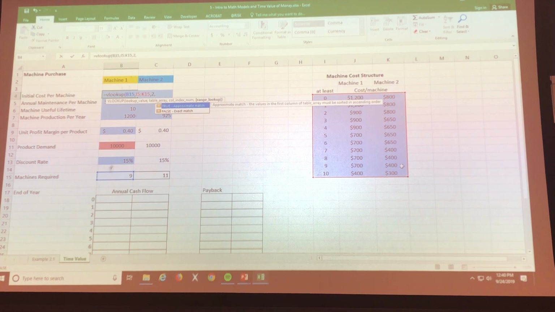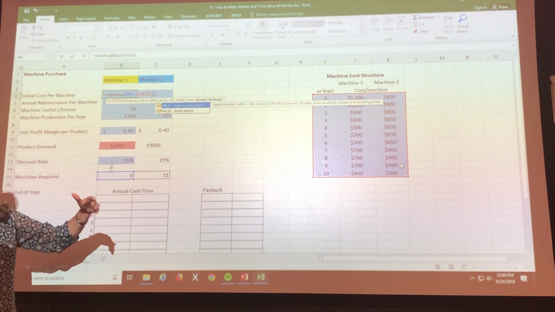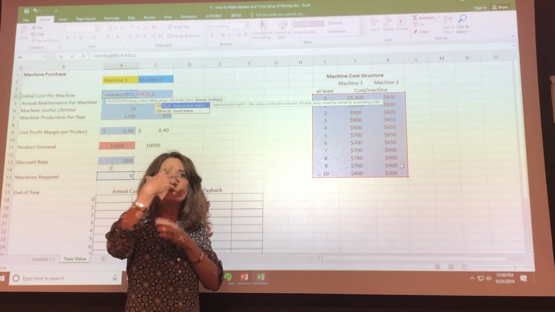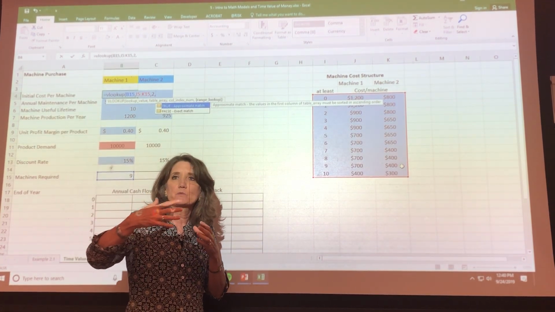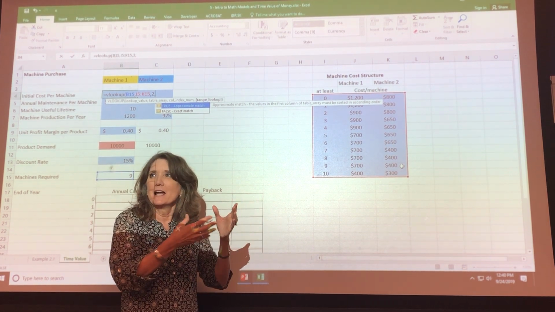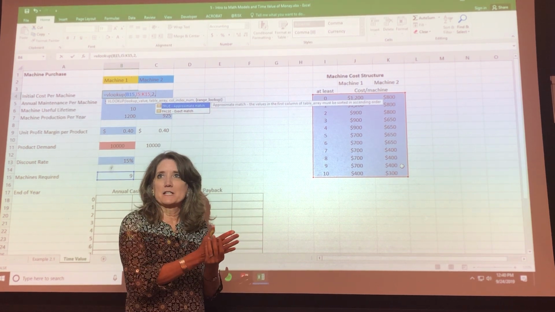And here's why. It's an approximate match, not an exact match. If our demand ever reaches a point where we need more than 10 machines, which, as a matter of fact, right here it does, we can't have it just trying to find an exact match. Quantity price breaks have a limit. You get to your best possible price and they tell you if you order this many or more, you get our best possible price.